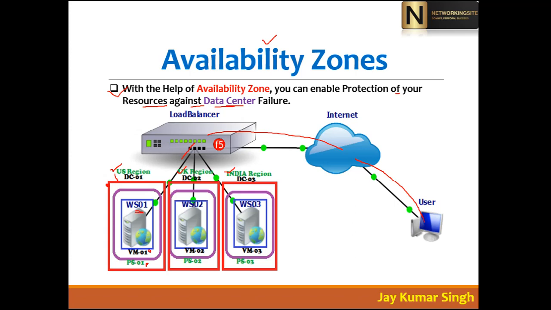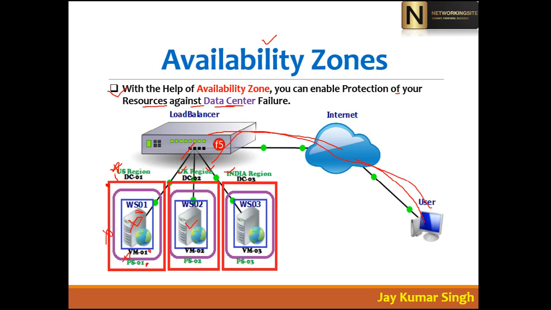Now if a virtual machine is down, no problem, you can access from here. If a physical machine is down, or if the data center is down, no problem. Even if the entire US region is down, the UK region is still running, so you can access your data from the UK region.